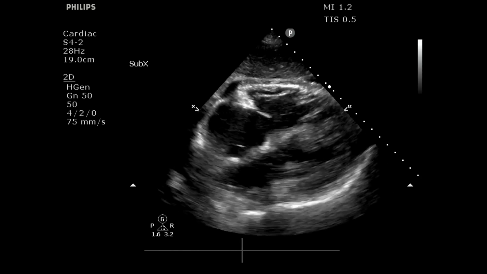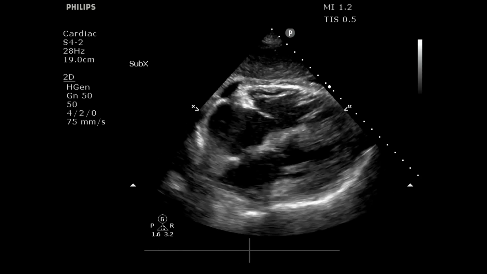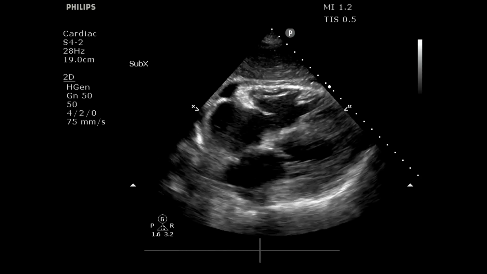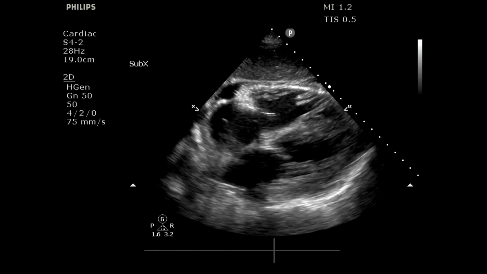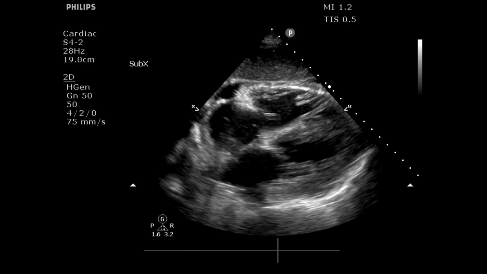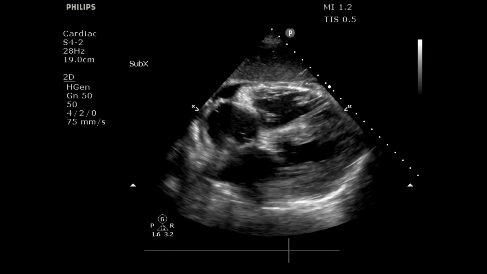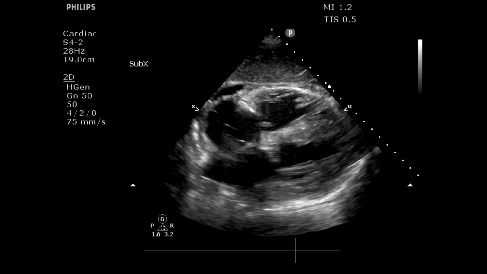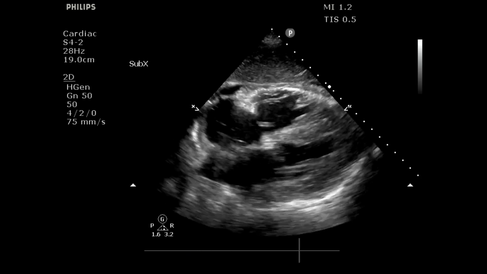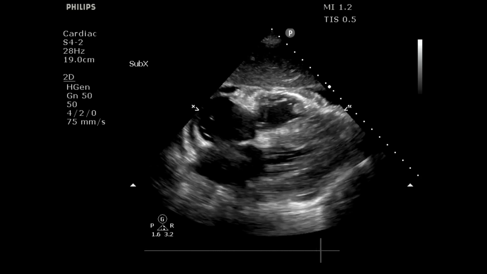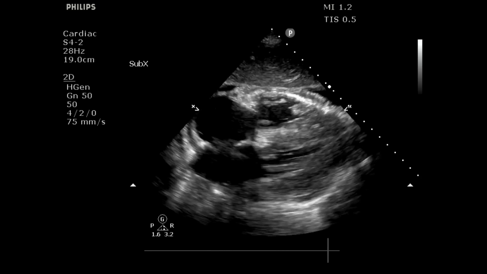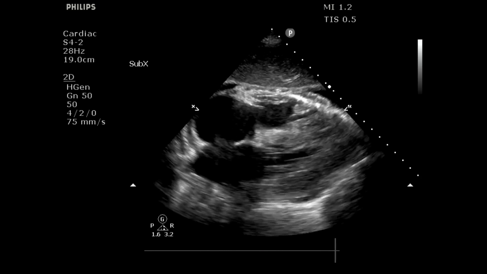So in the post-resuscitative care, we do an ultrasound and take a look, and we find this. And so here we can run through our 5 E's. So from an effusion standpoint, do we see an effusion? Well, there's a little bit of a hypoechoic or anechoic area in the anterior portion of the heart, maybe a little bit around the apex, but certainly not a ton at the posterior aspect.